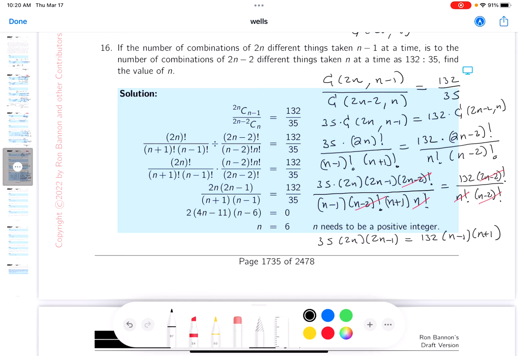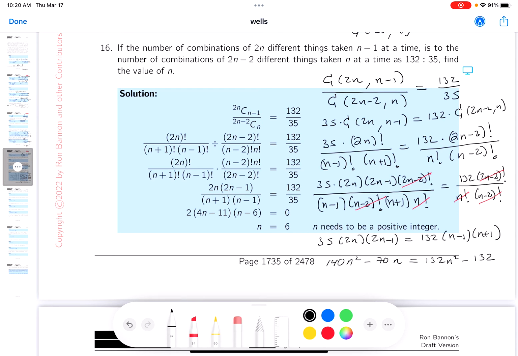So 35 times 4 is 140. 2n times 2n is 4n squared, right? 4 times 35 is 140. And then what are you going to get? Minus 70n. Let's go to the other side. It's going to be 132 times n squared minus 132.